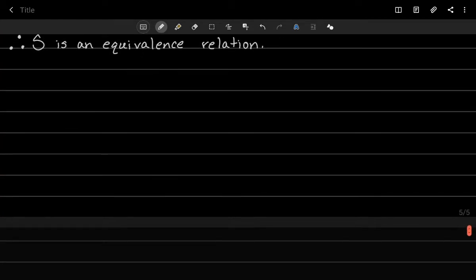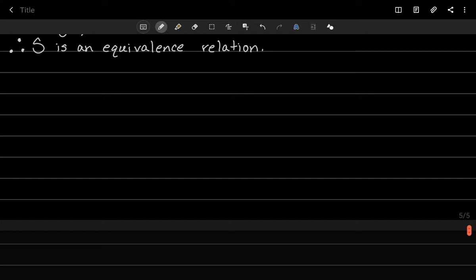Okay. Now we need to look at something else that's very, very closely related. So we want to look at something called an equivalence class. Okay.